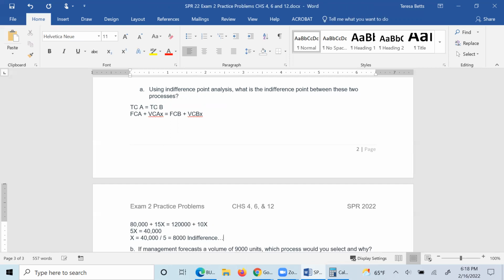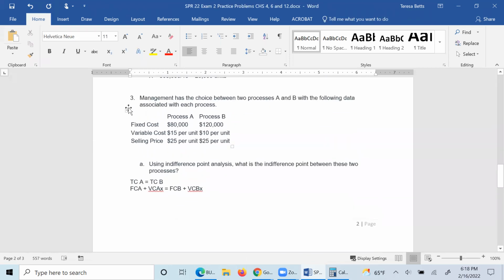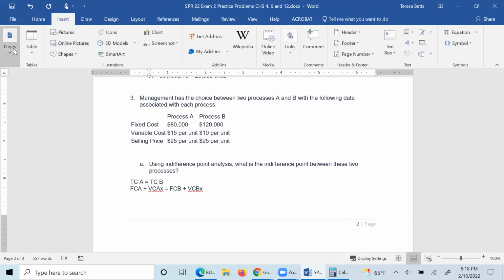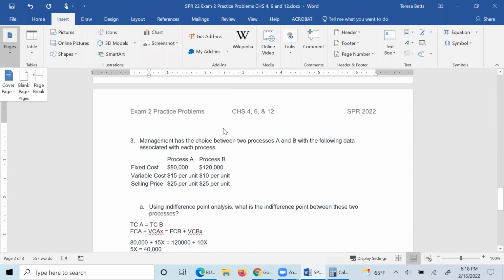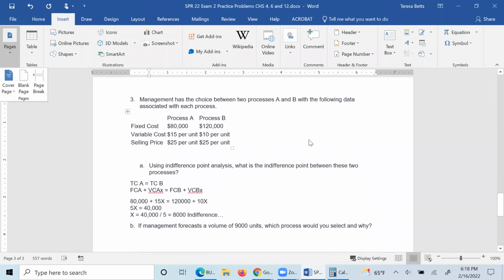What does that mean to us? I'm going to go ahead and put a page break so we can get this all on the same page. Okay, so that means that between process A and B, if I have 8,000 units, I do not care which process I use.